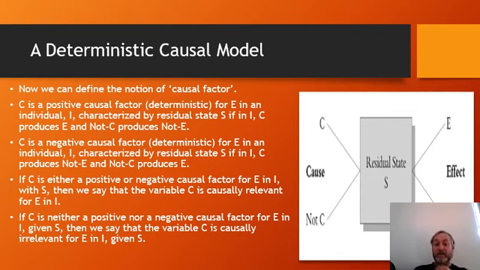So here we're talking about deterministic. What we're saying is anytime you got the cause, you got the effect. That would be causally relevant. Anytime you don't have the cause, you don't get the effect. That would be causally relevant. But if it's not that reliable, then in this particular model, deterministic individual causation, we say causally irrelevant.